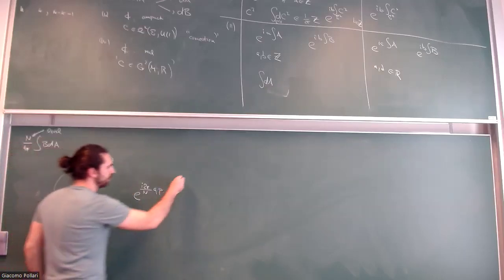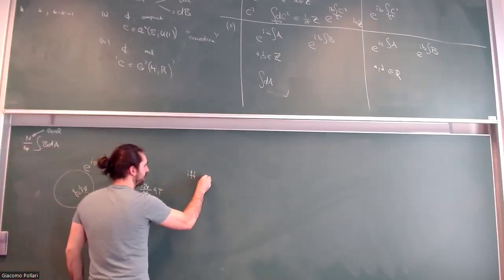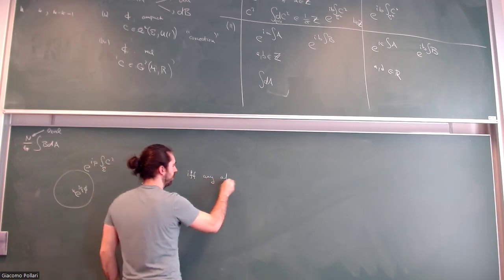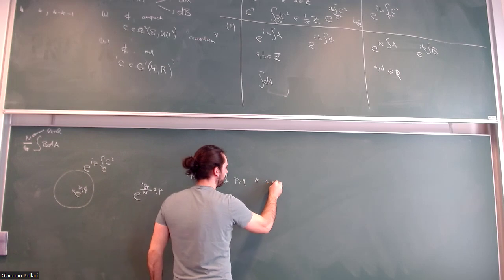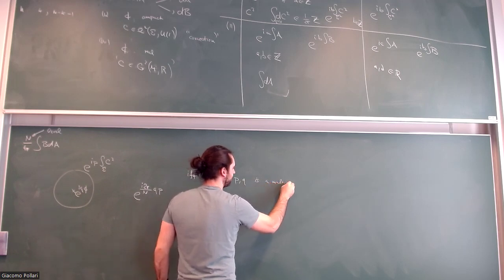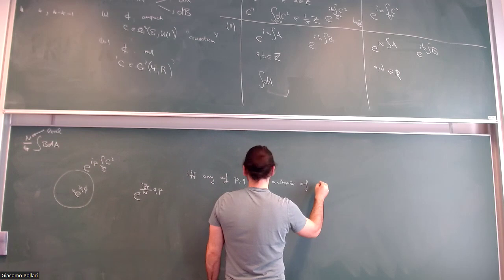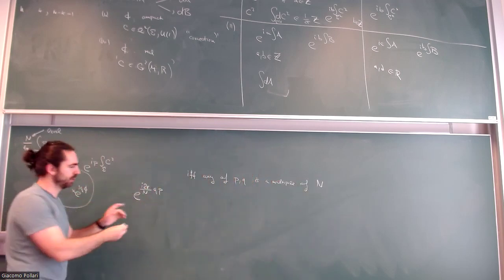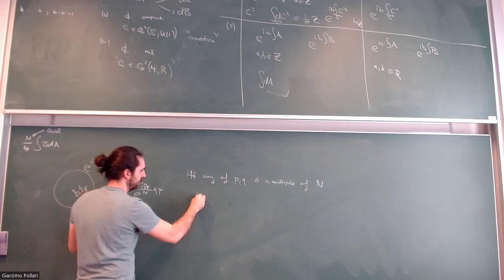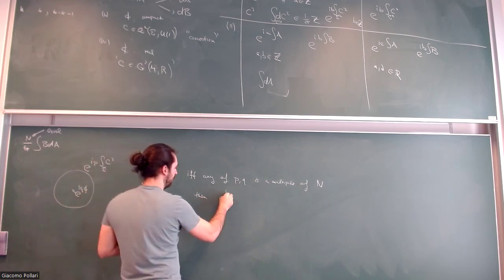So if any P, Q is a multiple, okay, then I see that this is 1, right? And this, I think you should take away the comma in PQ.